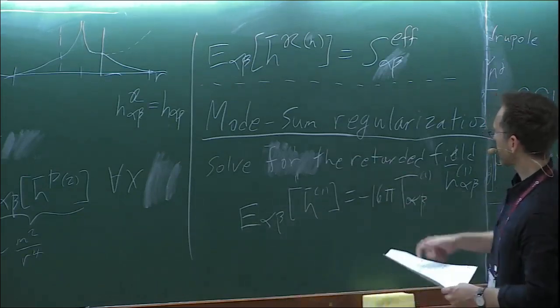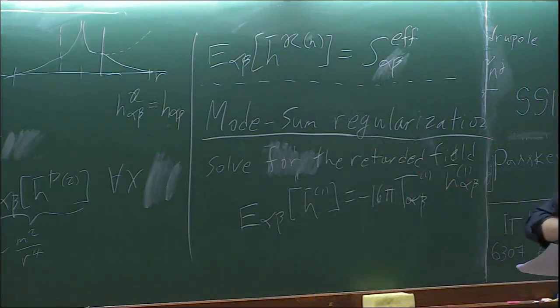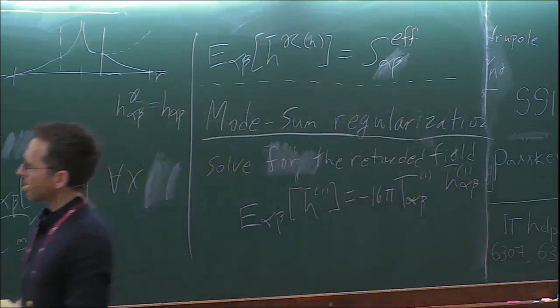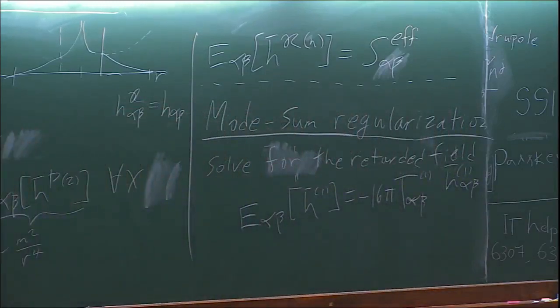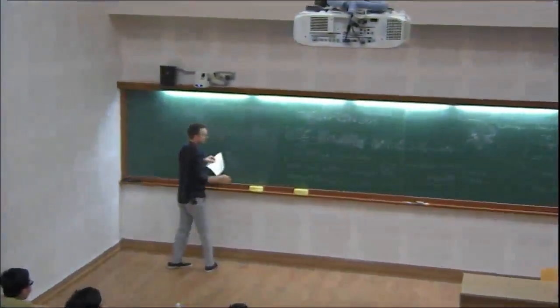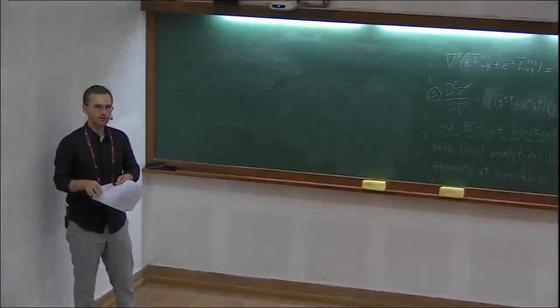Now, how are we going to subtract the singular field from that to extract the regular field that determines the self-force and therefore the motion? It's very, very hard to do that if you just have the four-dimensional retarded field, which blows up at the world line, and then you try to subtract the singular field to get something finite. That's difficult to do because as you get closer and closer to the world line, both of those objects get more and more large, numerically large.